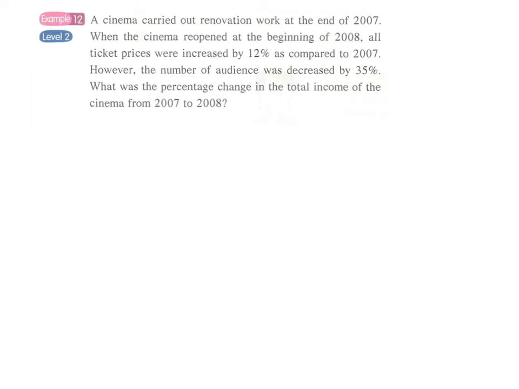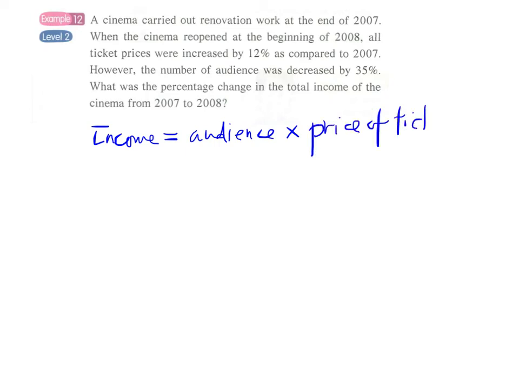And actually, we can see that the income of the cinema comes from the sales of the cinema tickets. And this number will be the total number of audience times the price of the ticket. And this will be the total income of the cinema.